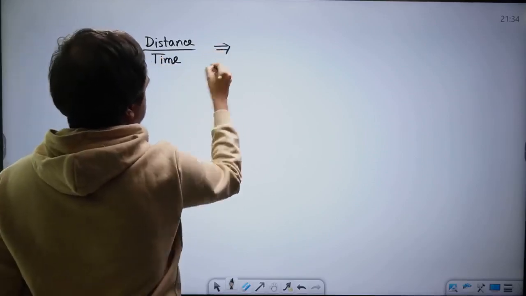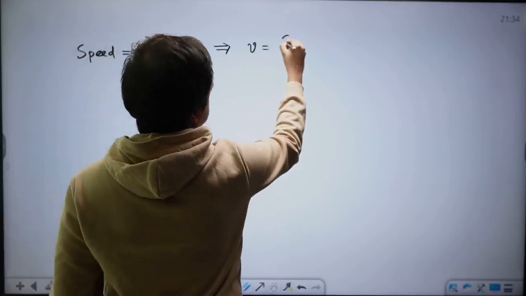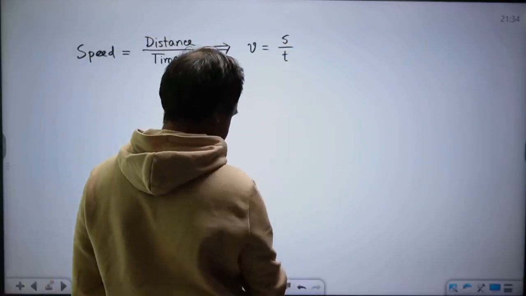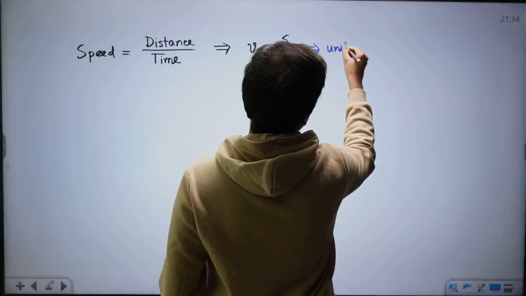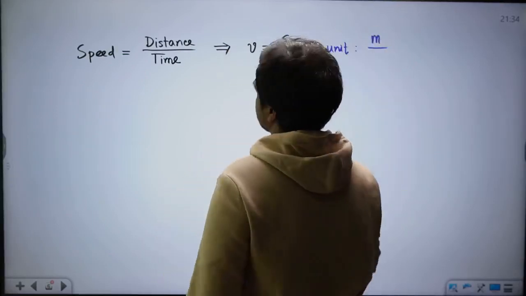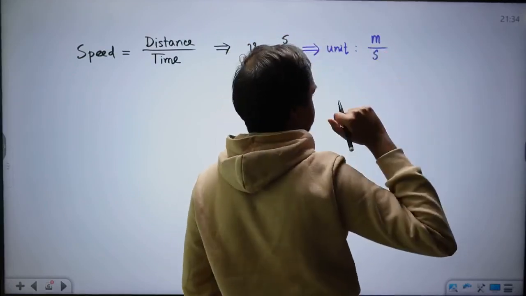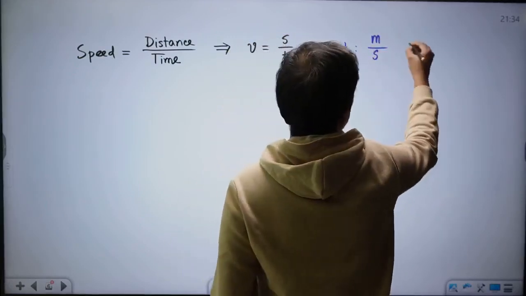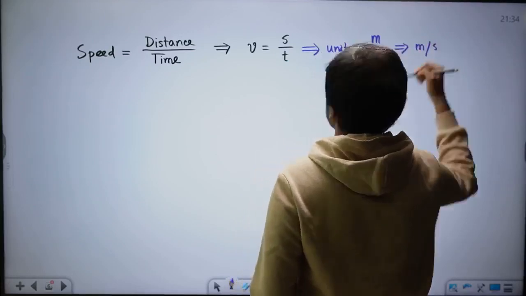So we write it as v equal to s by t, and if you try to understand the unit of it, s has a unit of meter, or the distance, and time has a unit of seconds, right? So the unit is meter per second.